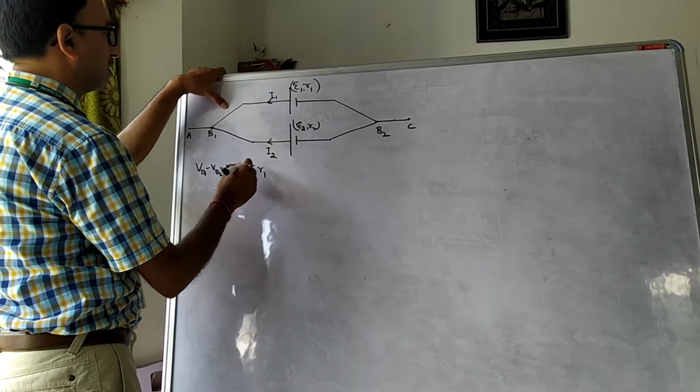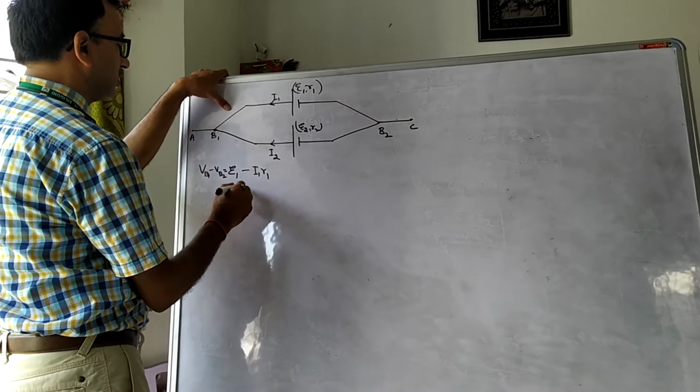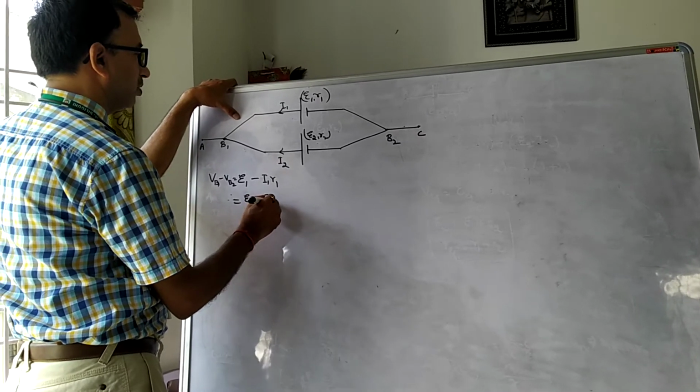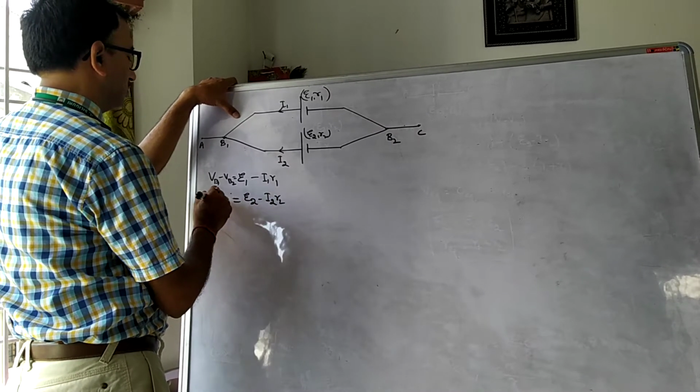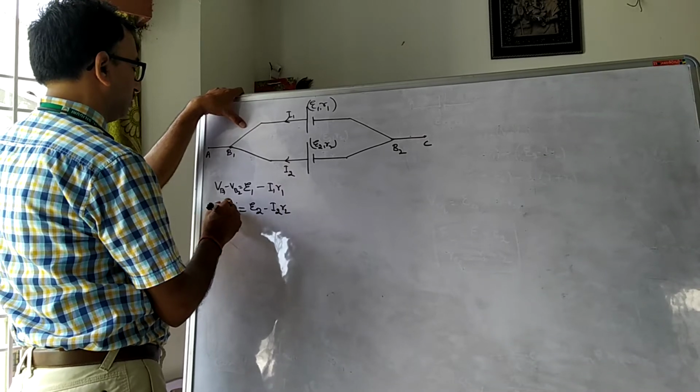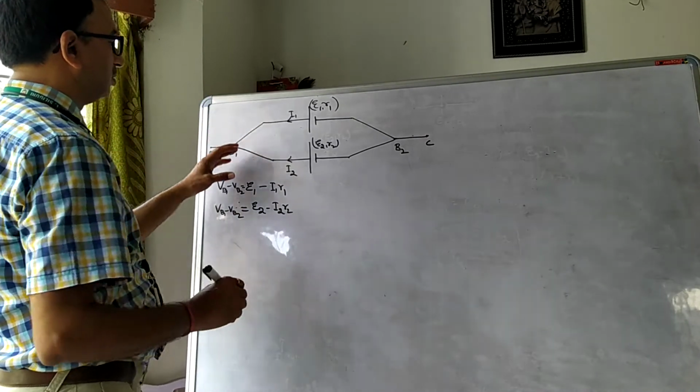And the second one will be E2 minus I2 R2. So these are VB1 minus VB2.